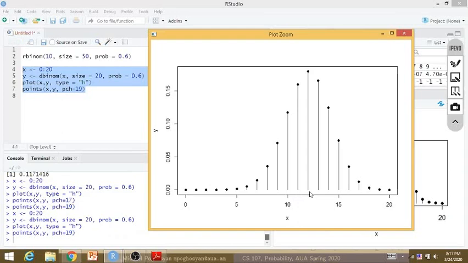Okay, the maximum probability is for 12. So, not the maximum number of successes, but the probability of having exactly k successes is the maximum when k is equal to 12.